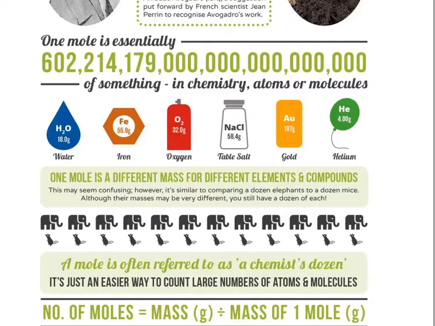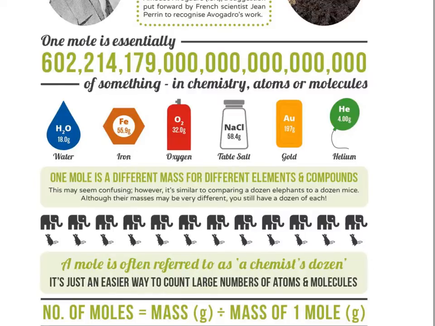A concept we will explore later is that 1 mole of water molecules does not weigh the same as 1 mole of iron atoms. Moles of different materials have different masses.